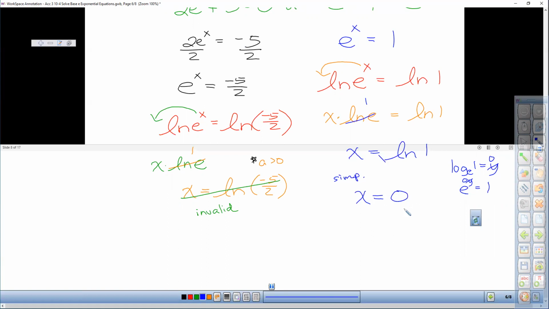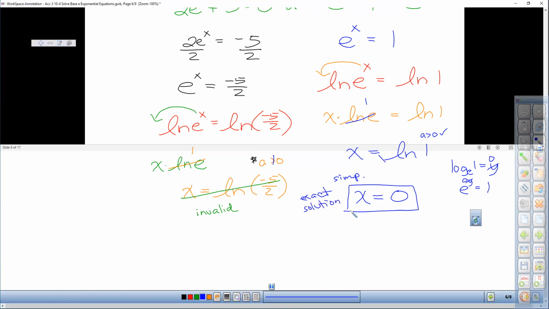And that's fine. X can be 0 because x, remember, was part of the exponent. And this argument is greater than 0. And so this one was not. This one is. 1 is greater than 0. That's the only condition on an argument. So then we simplify. Natural log of 1 is 0. So this is our exact solution, and our only exact solution.